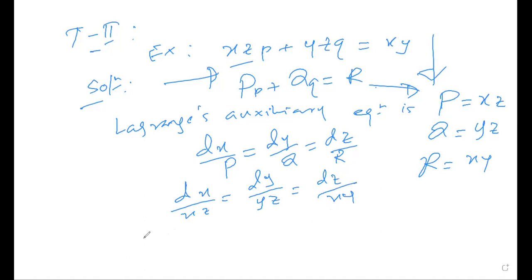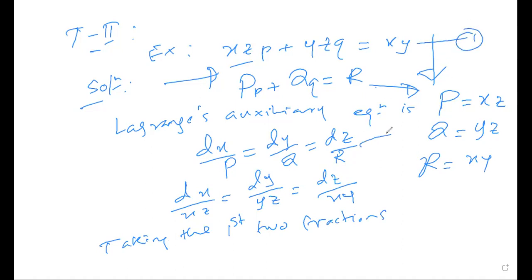Okay, so then step number 2, taking the first two fractions, you can number it also. This is equation number 1, equation number 2, like that. What is the first two? These two, isn't it? So it will be dx over xz, which is equal to dy over yz.